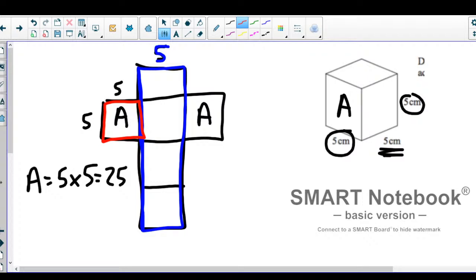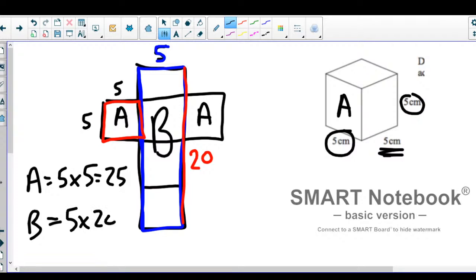And the perimeter of that square is 5 add 5 add 5 add 5. So, in fact, the length of this, if I just draw that red line there, is in fact 20. So the area, if I call this one B, big B, the area of B is 5 times 20, which is in fact 100.